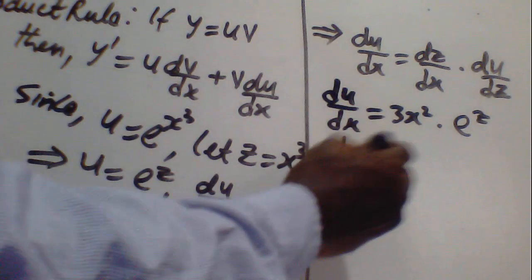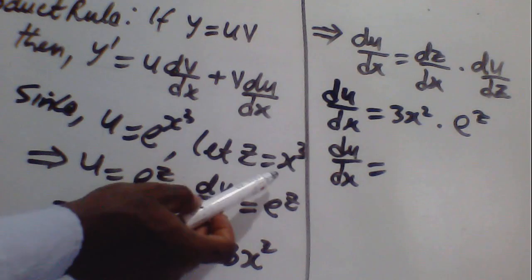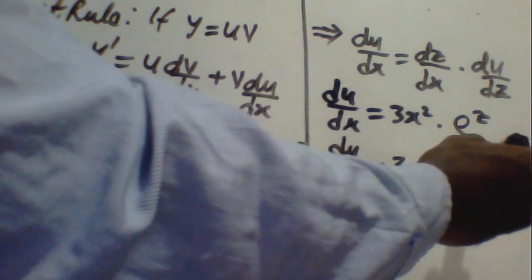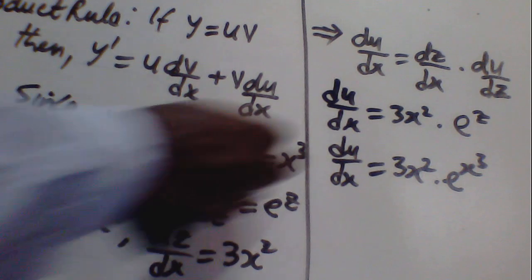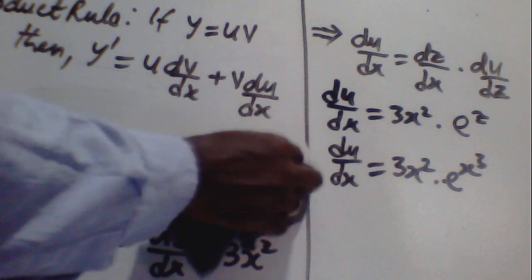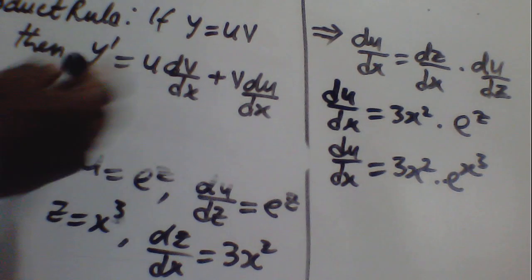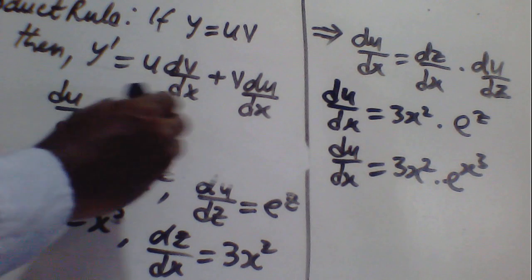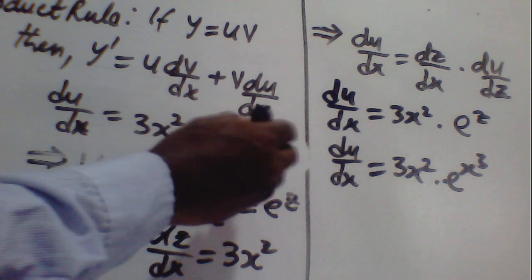We know that z is equal to x cubed, so we have 3x squared e raised to the power x cubed. So we have obtained that du over dx is equal to 3x squared e raised to the power x cubed. I can call this equation 1.